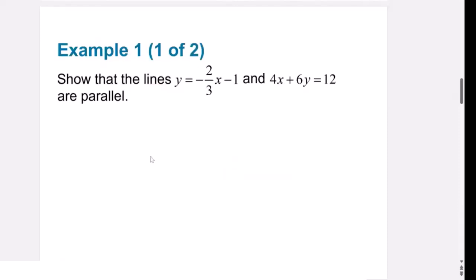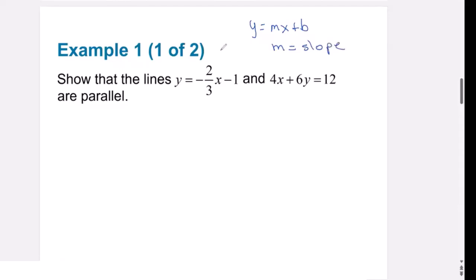So let's do some examples. The first thing is we want to show that these two lines are parallel. So how would we show that these two lines are parallel? Well, if you were in my class, you would answer me, but since you're not, I'll answer you. First, we need to find out what the slopes are, right? So we know that y equals mx plus b, where m is equal to the slope.